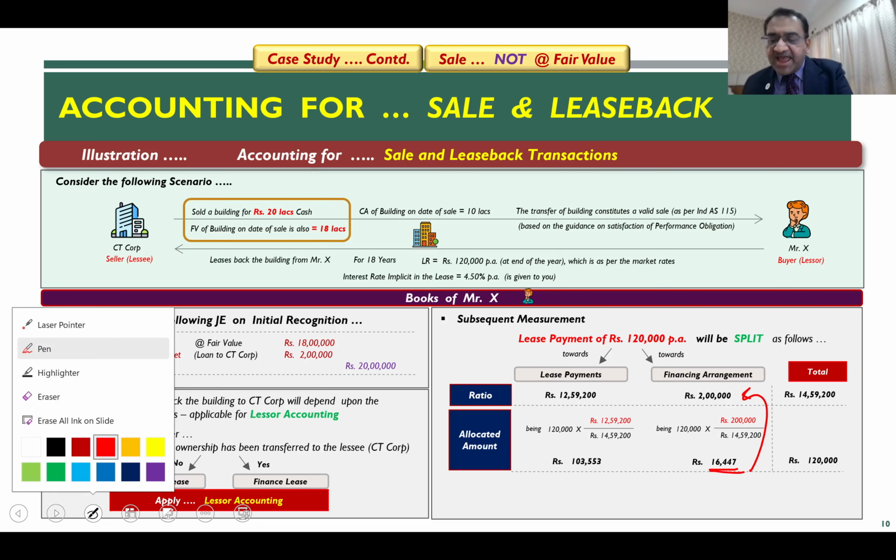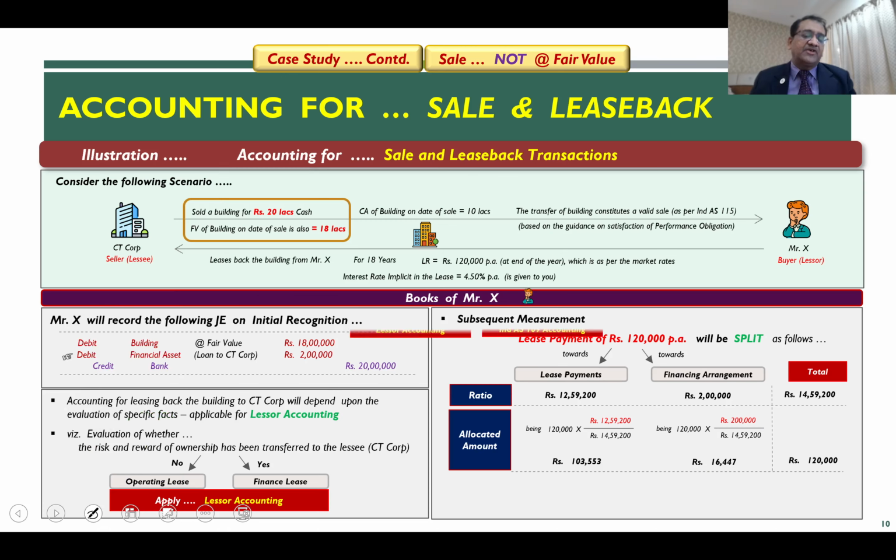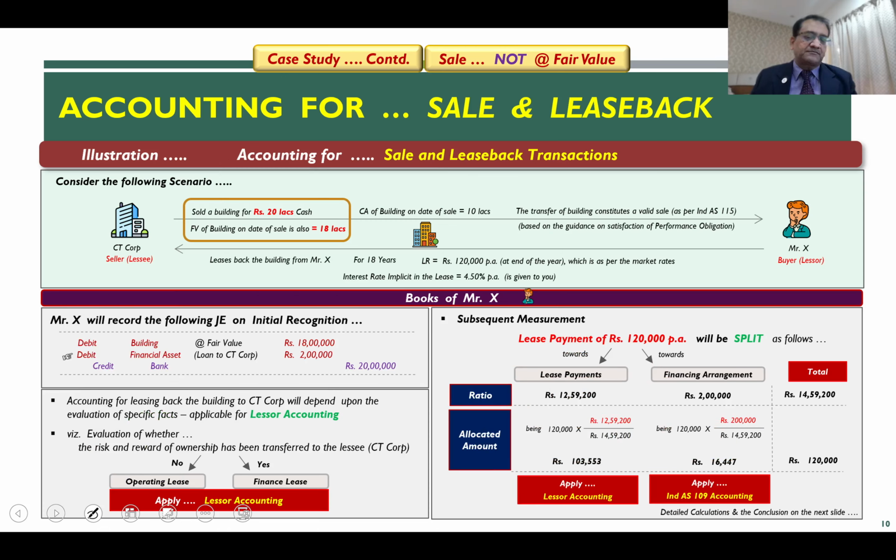This is the way in the subsequent measurement the lessor will split the entire amount of 1,20,000, and to the extent of this lease payment, they will apply the lessor accounting, which in this case, assuming it's a finance lease, will be finance lease accounting.